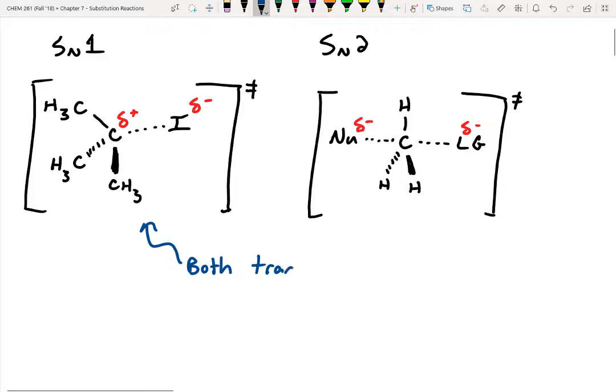Both transition states are polarized, meaning there's an imbalance of electron density. If we think about wanting to speed up this reaction, would we prefer to have a more stable transition state or a less stable transition state? Let's think about it, right?